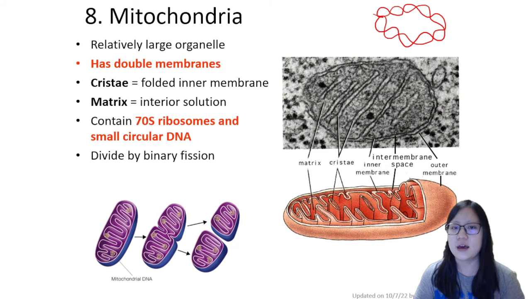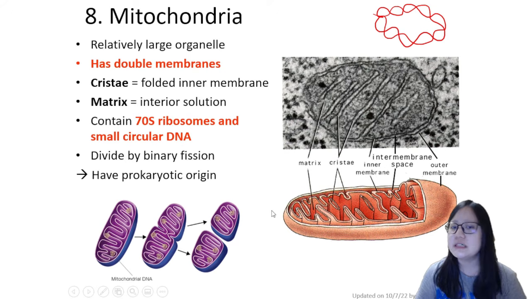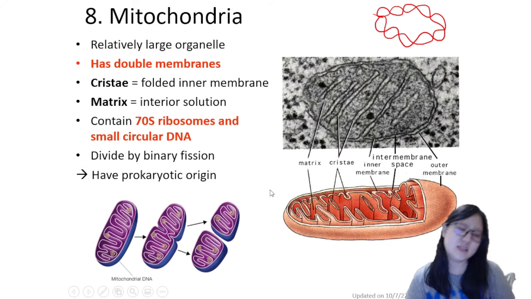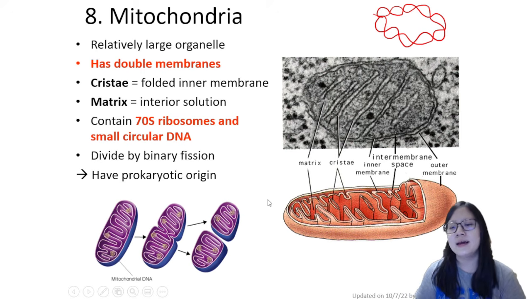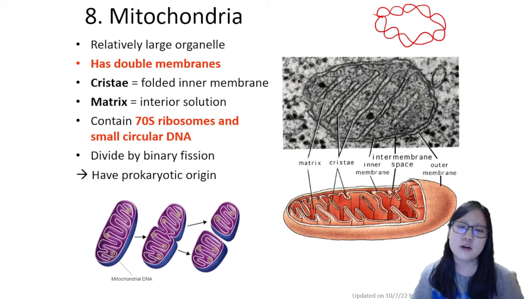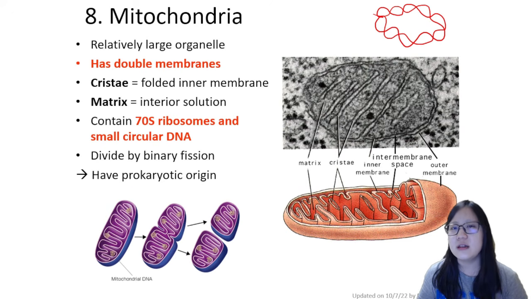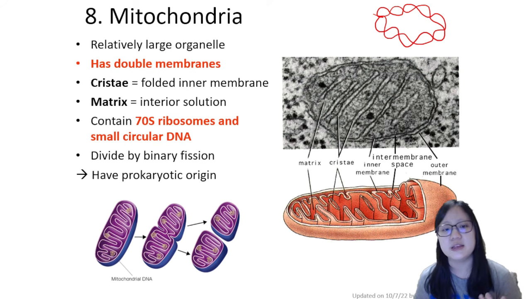Mitochondria also divides by binary fission, which is quite cute. So it kind of cleaves down the middle and it separates to become two here. And the reason for that weirdness in general is that mitochondria are hypothesized to have a prokaryotic origin. What does that mean? This means that maybe once upon a time, mitochondria, as well as chloroplasts that you will see later, actually were other living cells, maybe other living bacteria, which were able to synthesize their own energy in the form of ATP.